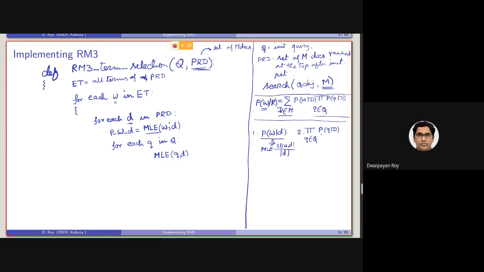This is also approximated using MLE: the term frequency of the query term in the document divided by the document length. Let's stick to the small d convention here. This is again basically MLE.